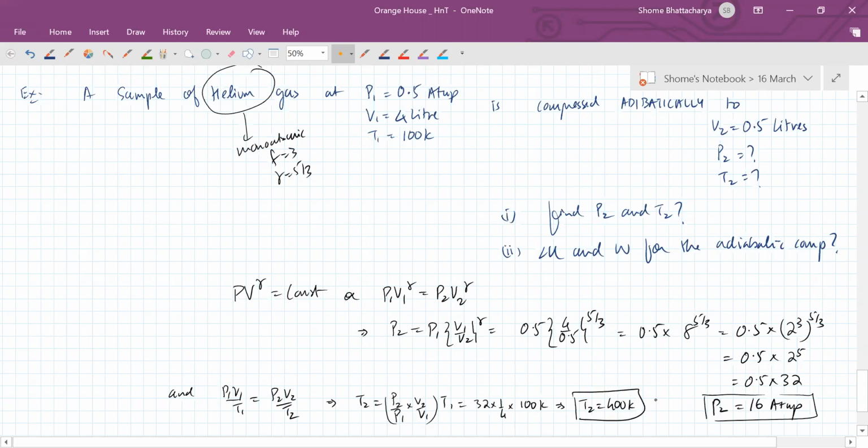Okay. So this value of pressure goes here in this equation.